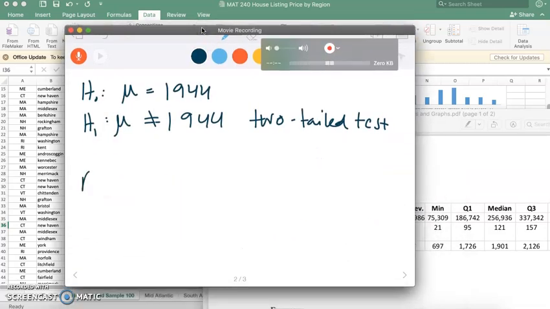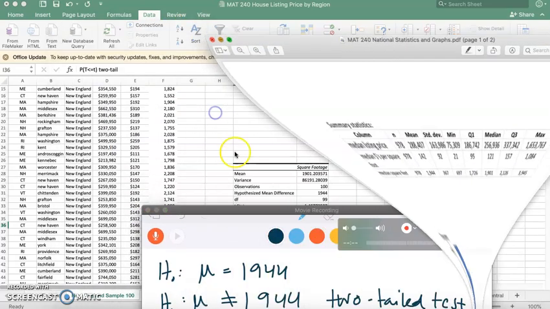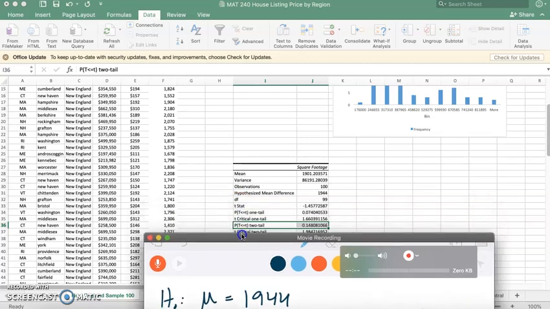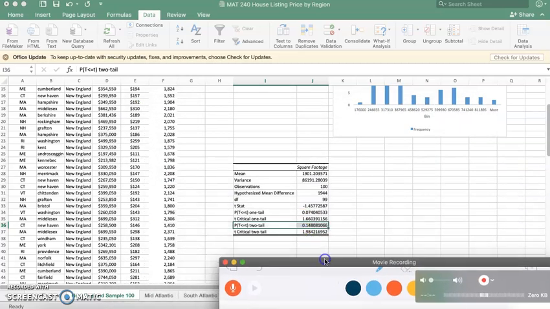So our new p-value in this example is 0.148, which is definitely bigger than 0.05. So we would not reject the null hypothesis in this one. And let's take a look. The mean for our sample is 1901. The value we're testing is 1944. Those are pretty close.